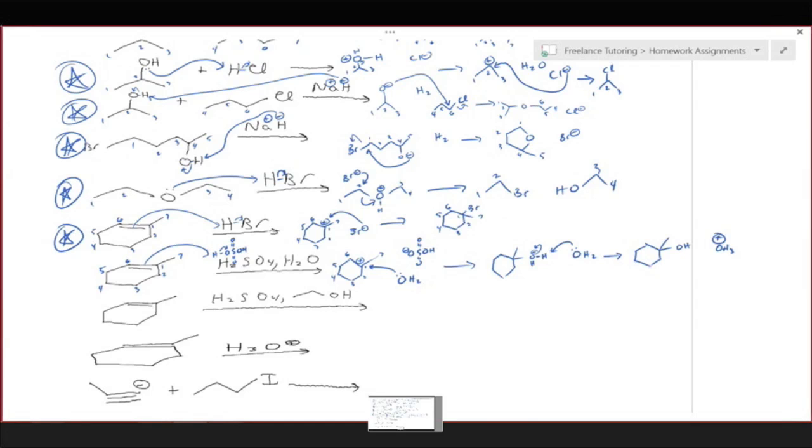But remember, there's many water molecules. Just because we used up one doesn't mean there's not billions more floating around, especially because that would probably be the solvent. Yeah. Okay, we don't use the hydrogen sulfate. We know the hydrogen sulfate is extremely unreactive because of the resonance stabilization. Right. Okay, so I guess we should mark that one as well.